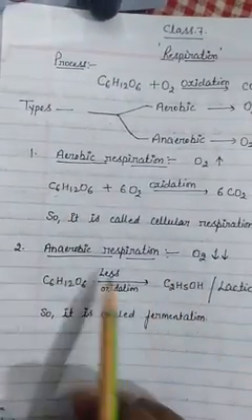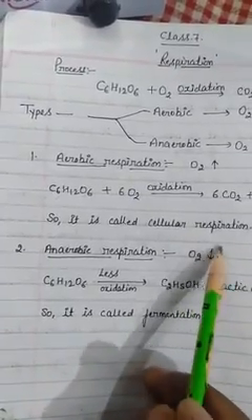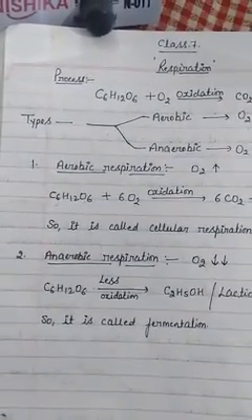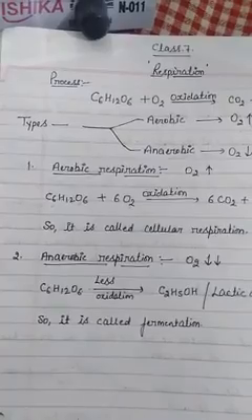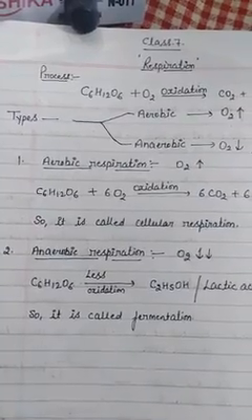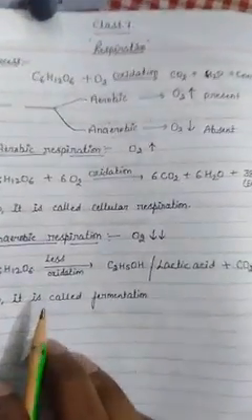Now move forward. Anaerobic respiration. This symbol represents the absence of oxygen. So when respiration takes place in the absence of oxygen, that respiration is known as anaerobic respiration. Let's see what is going to happen in anaerobic respiration.